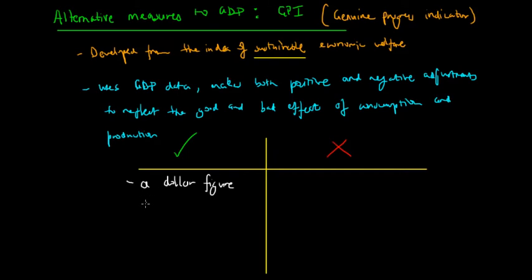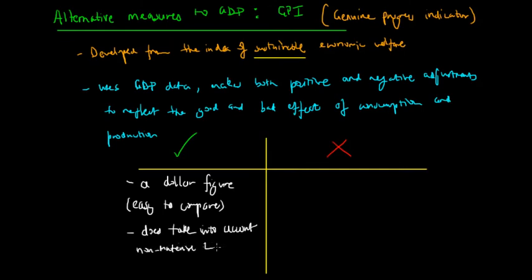And so it is very easy to compare between nations. Another positive is that it does take into account the non-material aspects of our living. This is what GDP didn't take into account.